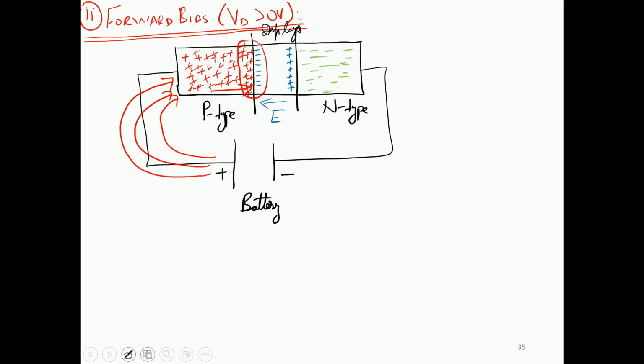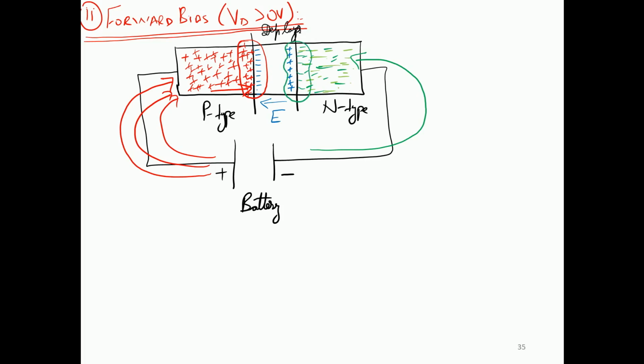Same thing is going to happen to the N side material. The negative terminal of the battery is going to push these electrons in such a way that their concentration is going to increase, and thus the recombination of positive and electrons is going to happen in this vicinity.